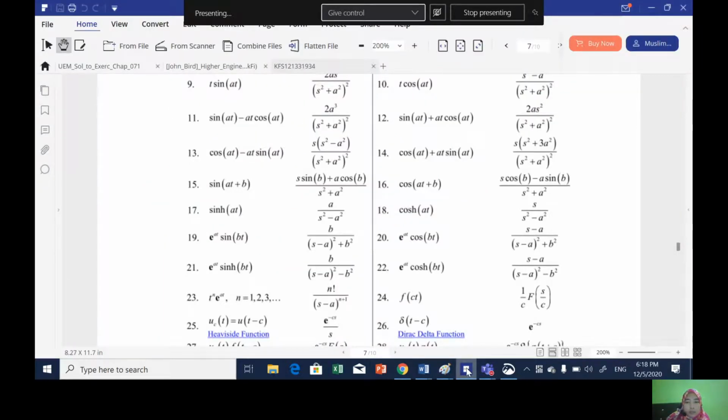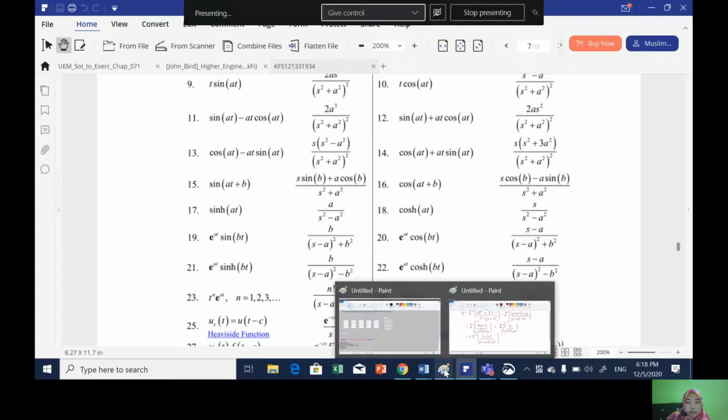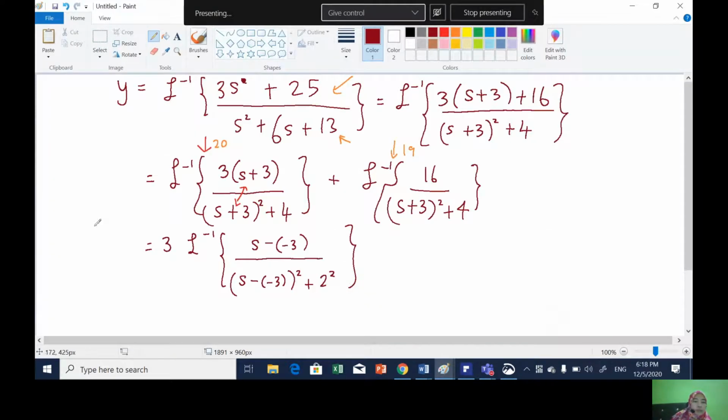On number 20, we have A, then B, so we have e^(at) cos bt.